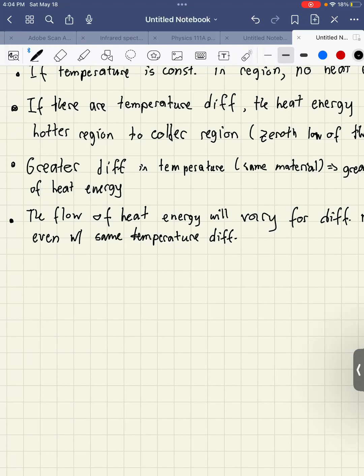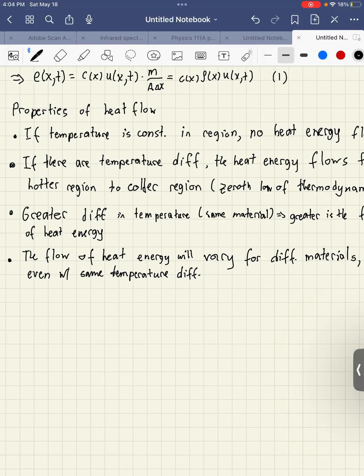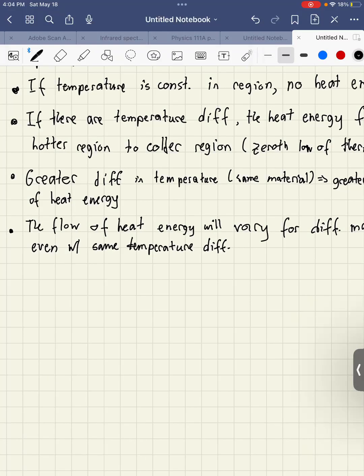The reason is that it depends on the material's conductivity. To summarize all of these properties of the material into a single equation that makes sense, we have what is called Fourier's law of heat conduction.